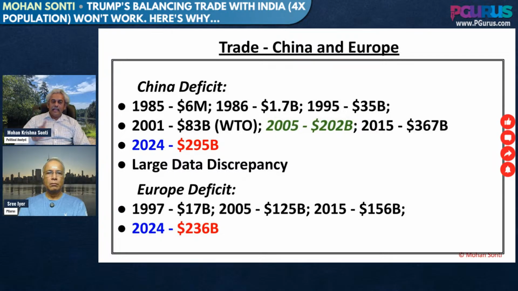But that doesn't end there. China's 295 billion deficit, basically the trade that's happening with China, is utilized for the growth of their country, and they also have to defend themselves, which means they're going to invest a substantial amount in their military and other things, right? Not so for Europe. So the 236 billion is actually kind of an illusion. That is actually a smaller number than the reality.